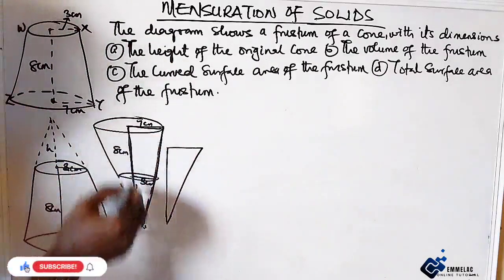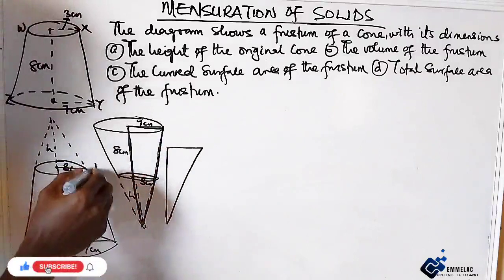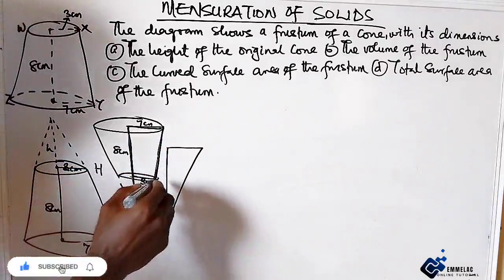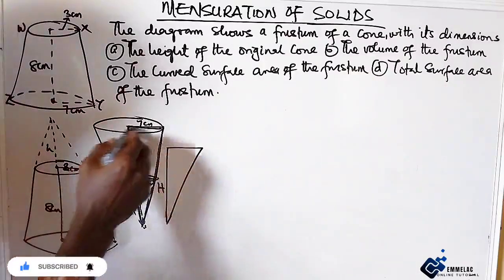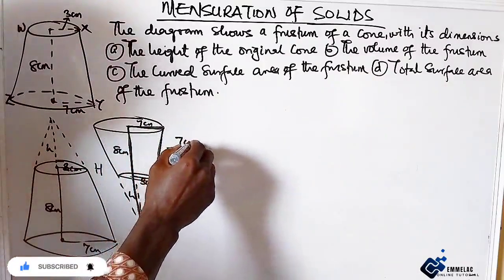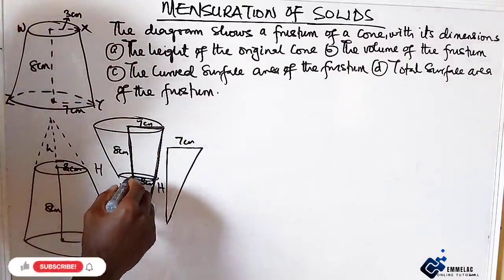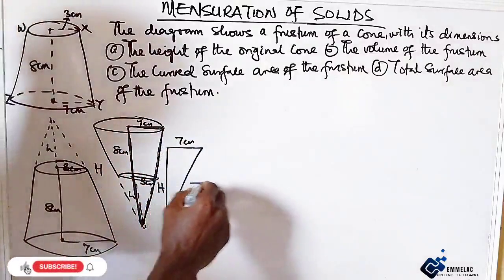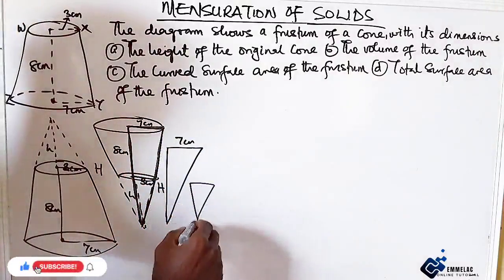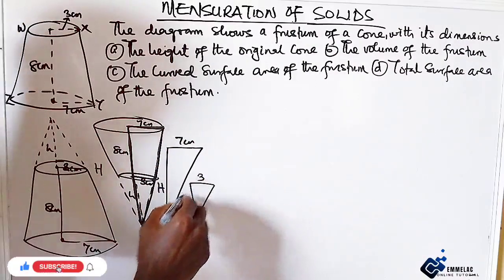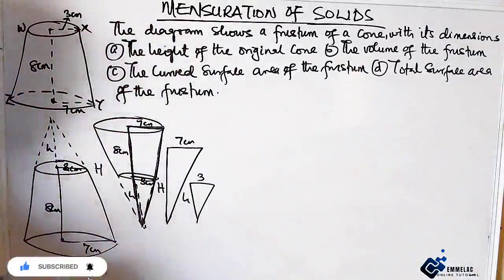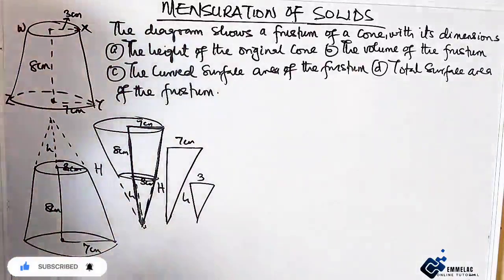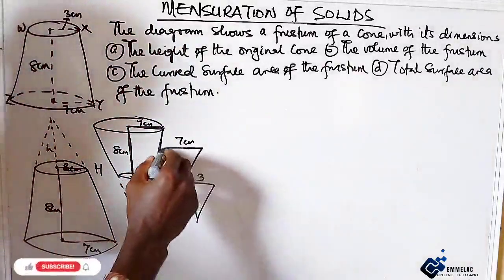So let us make from here to here bigger H. Now the radius here is 7 centimeter. Now let us also bring out this small triangle here. Here you have 3, and here you have h. With this, we can compare these shapes, which are similar.